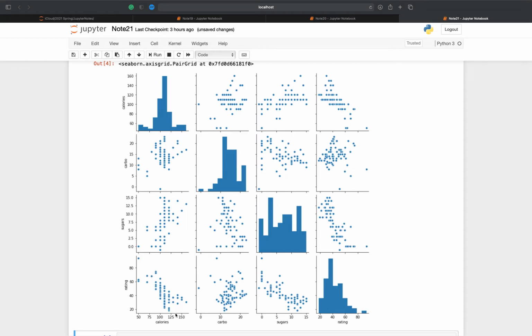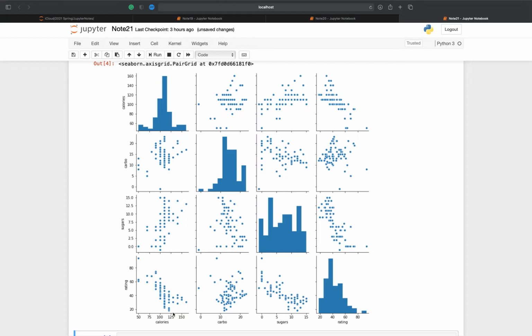So here we see, for example, the cereal which has the highest rating, which is kind of here, has the lowest calorie, and we see the majority of ratings below 60 something will have calories between, let's say, 90 to 125.